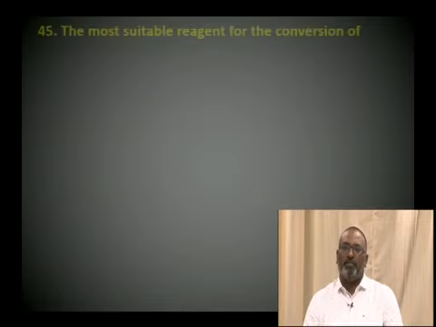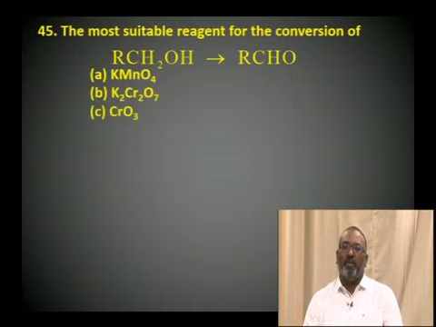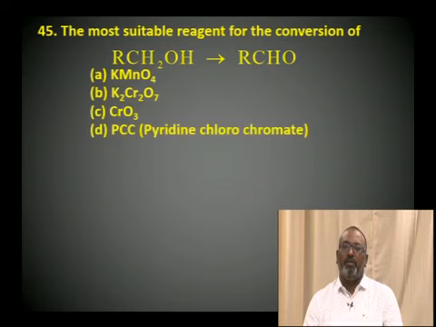Question number 45. The most suitable reagent for the conversion of alcohol to aldehyde is: potassium permanganate, potassium dichromate, chromium oxide, pyridinium chlorochromate.